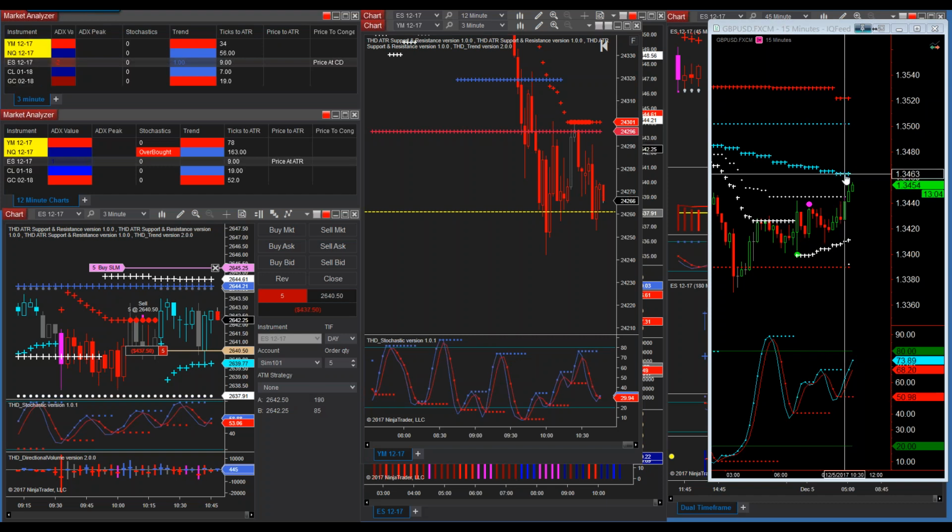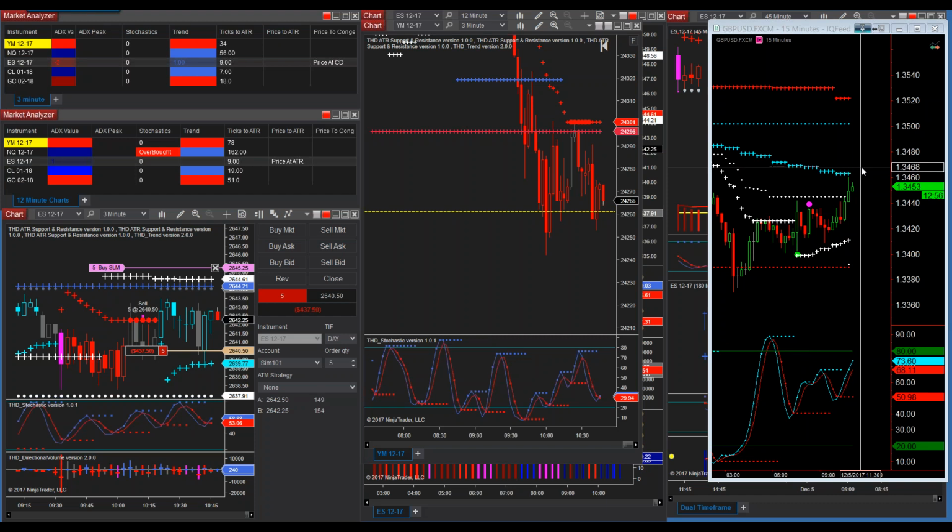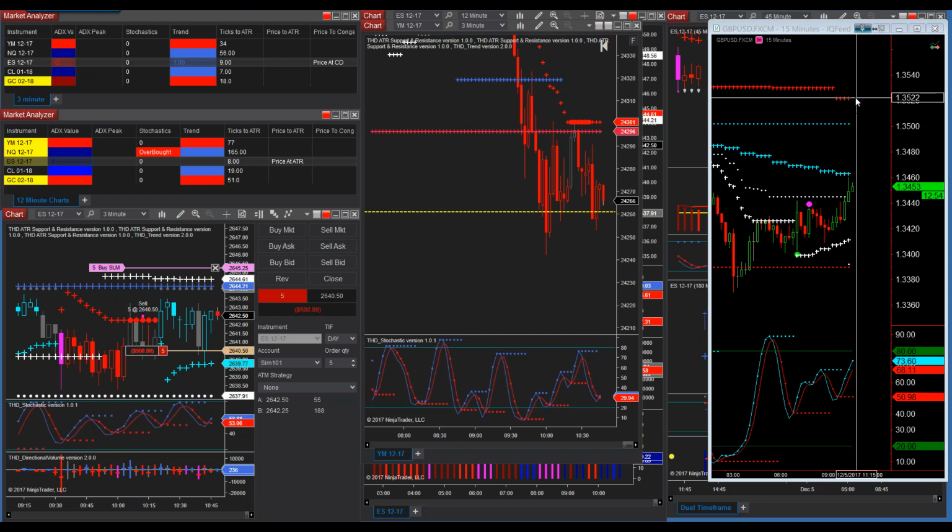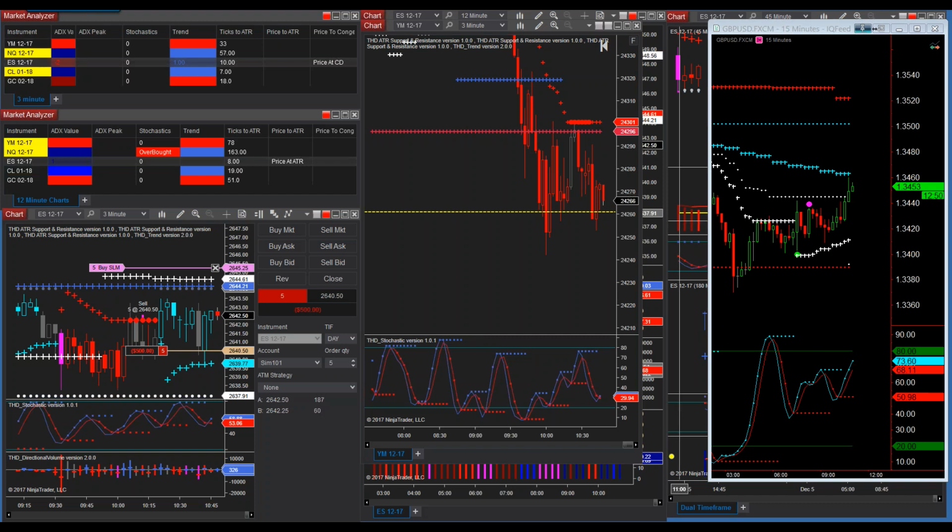This is the ATR on the 60-minute chart on the British pound dollar. However, the 240 is saying that more than likely it will come up to this ATR. Again, I don't want to get in that one.